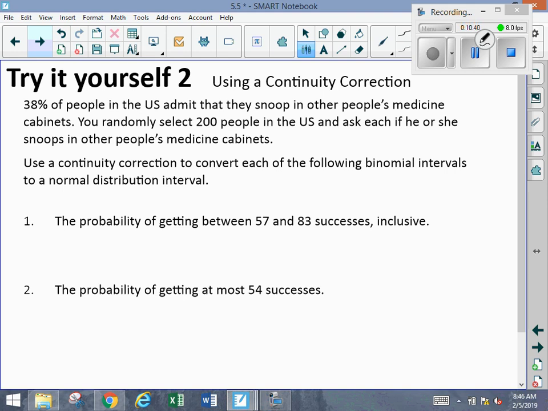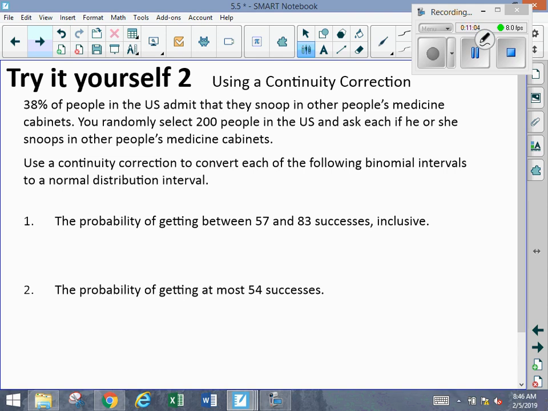Alright. Here we go. Let's try it ourselves. We got 38% of these people. I'm going to actually calculate this, just making sure. Alright.